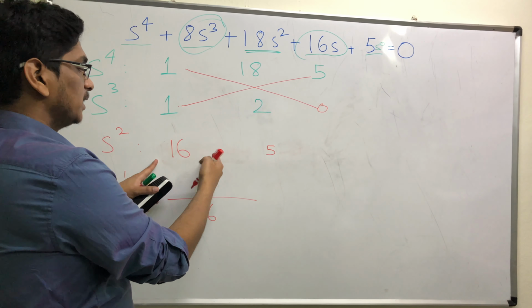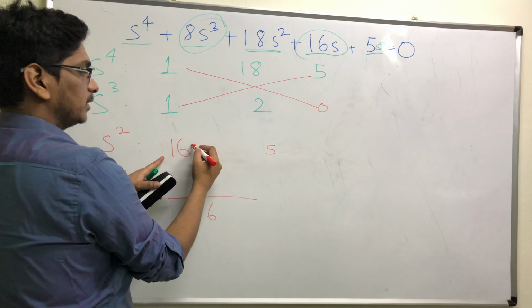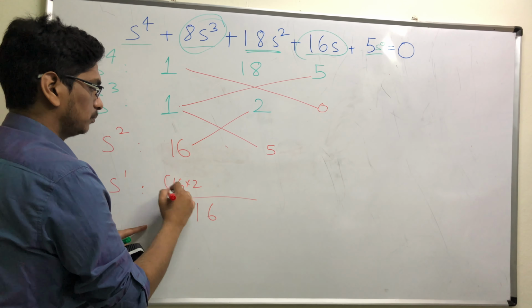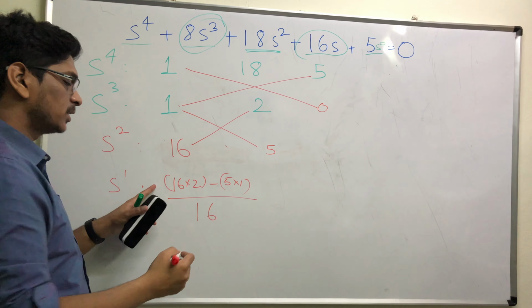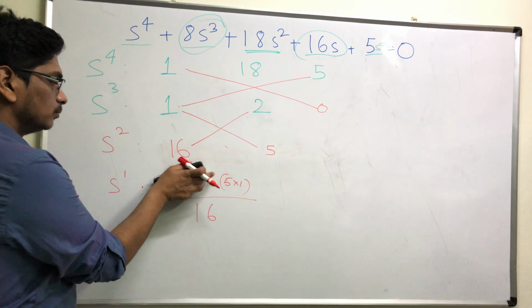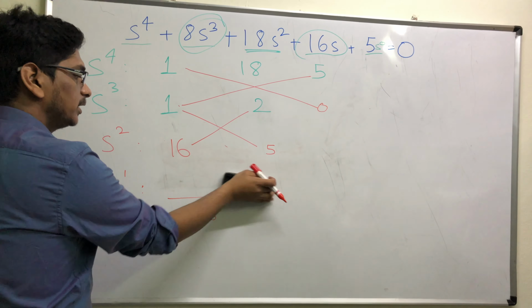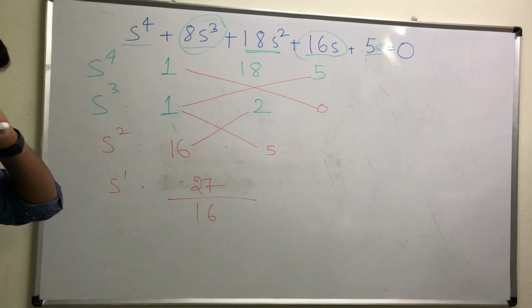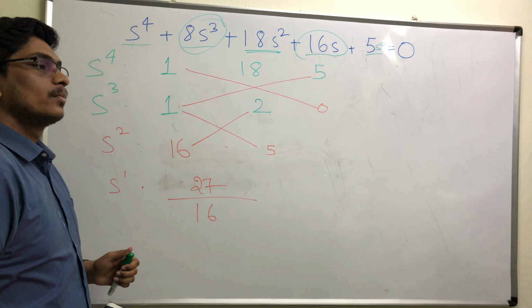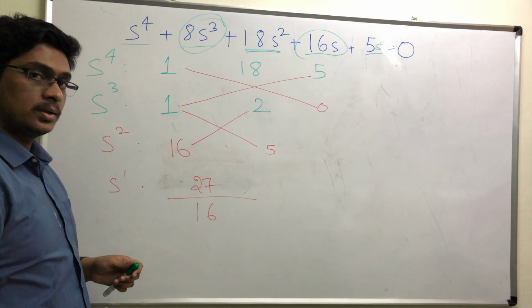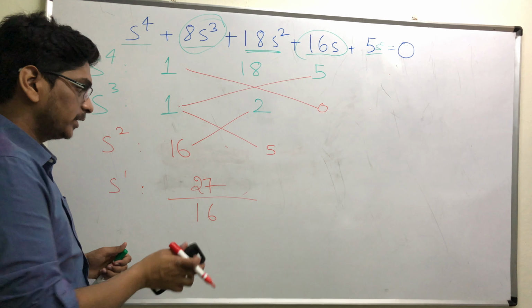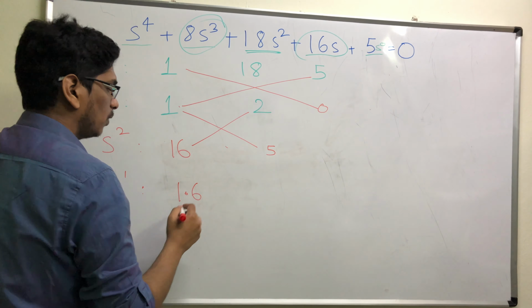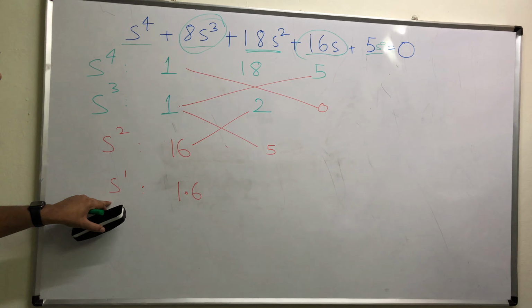So 16 into what is this element? 16 into 2 minus 5 into 1, which is 32 minus 5 by 16. 32 minus 5 is 27. 27 by 16 would be 1.6, right?